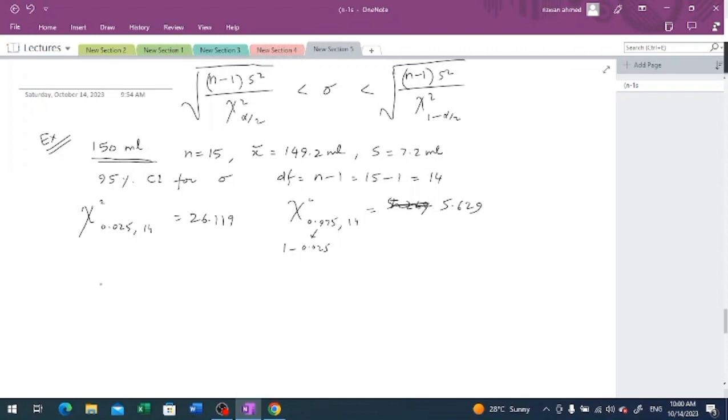That's n minus 1, meaning 15 minus 1, times s squared. Over here we are given the standard deviation, so we need to square it: 7.2 squared divided by the chi-square alpha by 2 value first, that is 26.119, so that we get the lower bound.